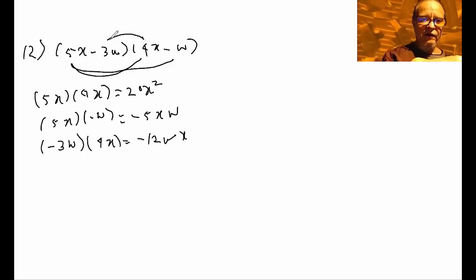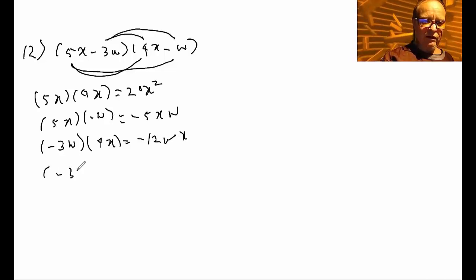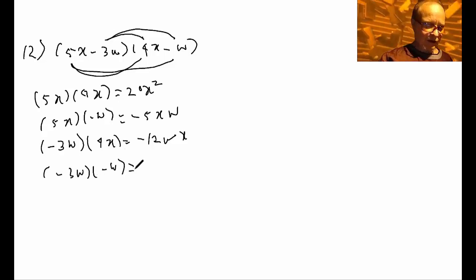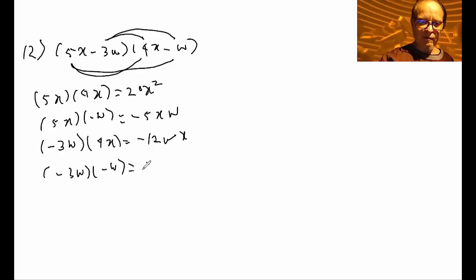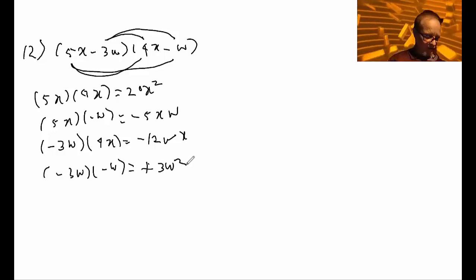And then finally, negative 3w times negative w, which is equal to positive 3w squared.